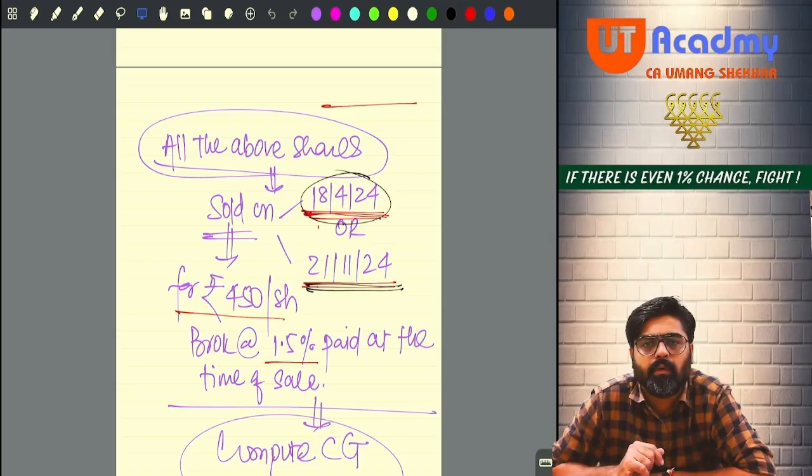Brokerage paid at the time of sale of these shares was at the rate of 1.5%.